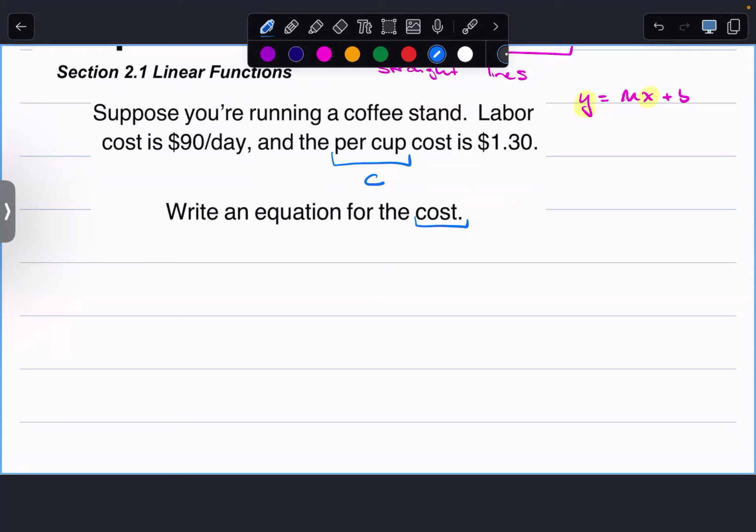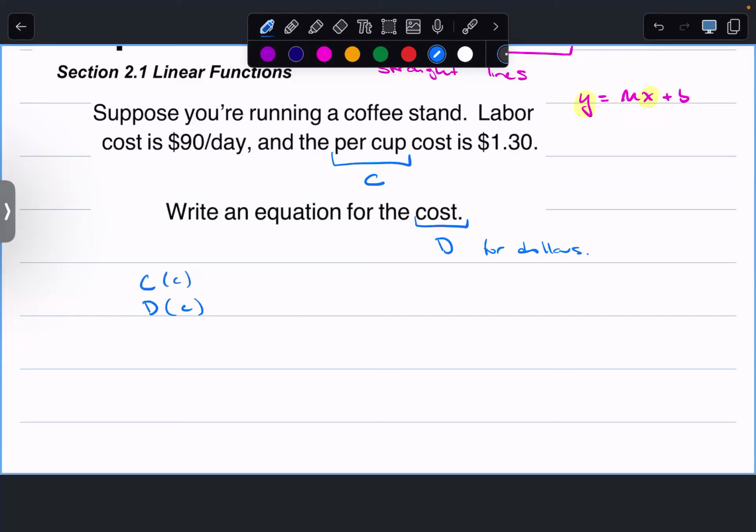Here, should I use D for dollars instead of a capital C and a lowercase c? Maybe. D for dollars. Could use C, but what would that look like?